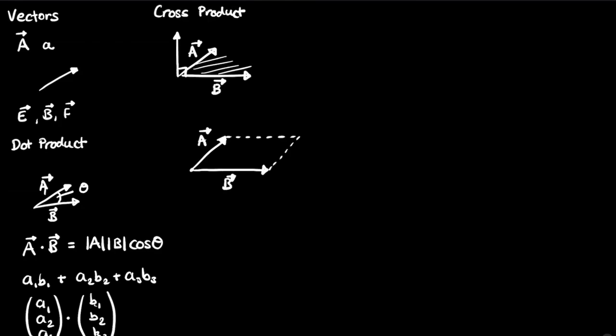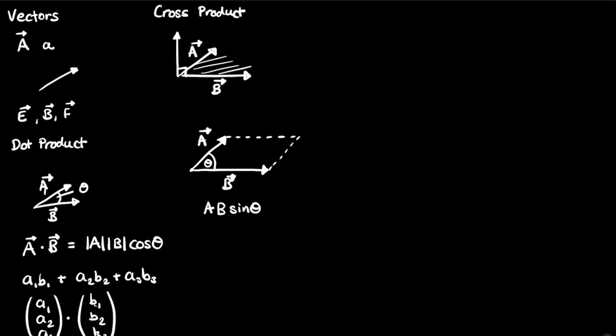So what's the area of the parallelogram? Well, the area of a parallelogram is this side times this side multiplied by the sine of this angle right here. So that's going to be ab sine theta. That's the area of this parallelogram, and the area of this is actually the magnitude of the cross product between these two vectors.